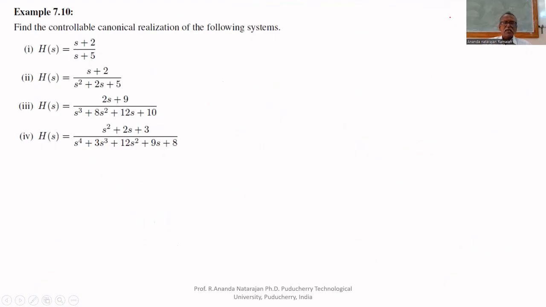By seeing one example directly, we can realize that. Here, one transfer function is given. We have to realize it in controllable canonical form. What is controllable form? We will see later. Controllable systems and observable systems are there. What is controllable? What is observable? That we will see later in this chapter.